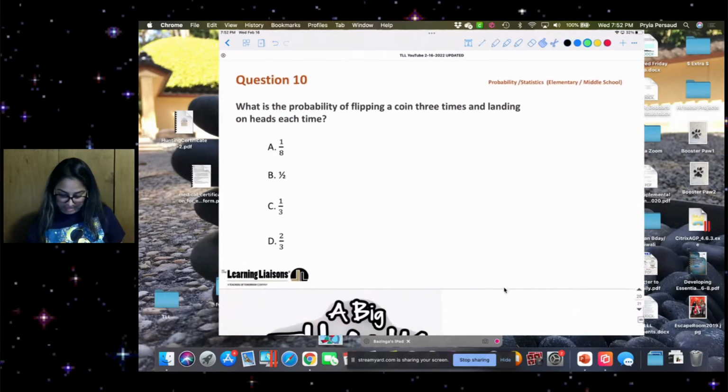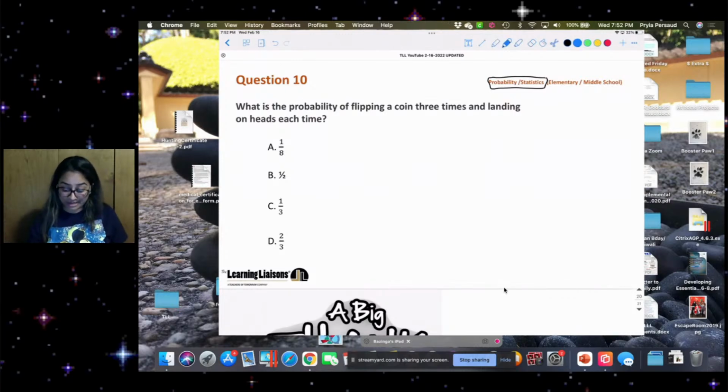All right, our last problem, we made it with all the trouble we had tonight. Probability statistics. Question 10. So what is the probability of flipping a coin 3 times and landing on heads each time? I don't know. Do you know?